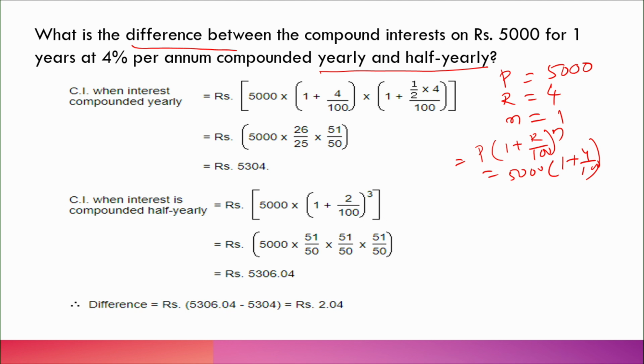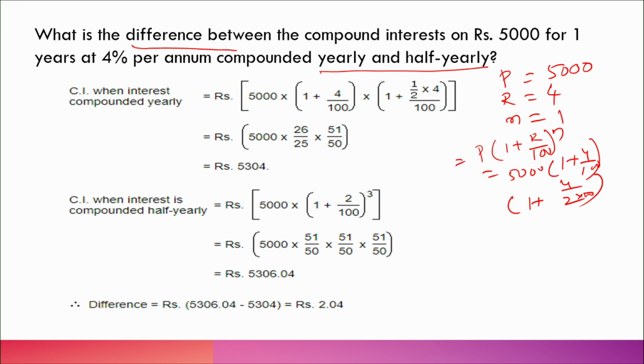Half yearly means you have to add the half year as well, so 1 plus 4 by 2 into 100. You have to multiply this, correct. So 5,000, 4 by 100 gives 26 by 25. When you simplify, this is 4 by 200, which is 1 plus 1 by 50, that is 51 by 50. So 26 by 25 and 51 by 50.